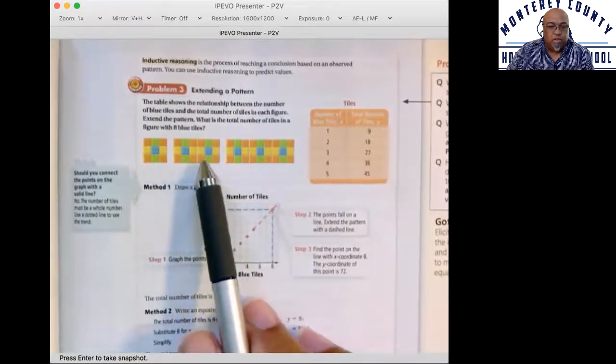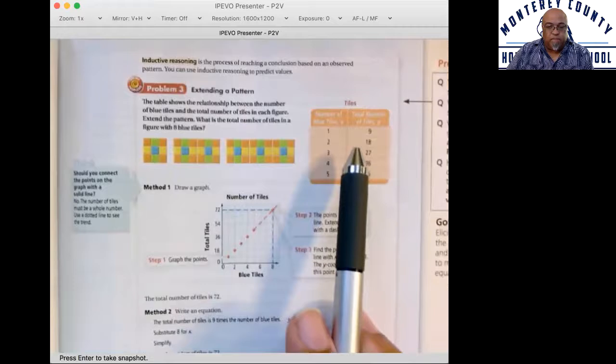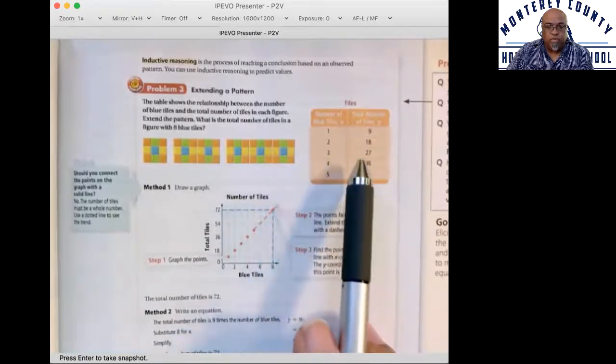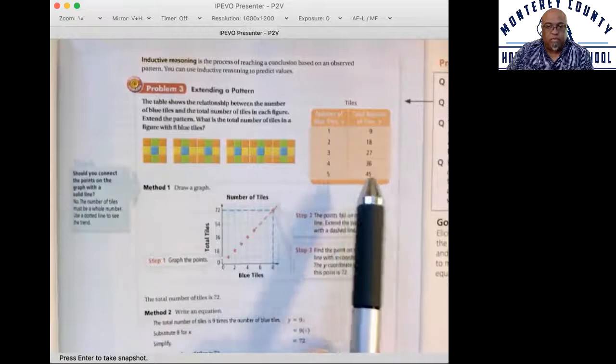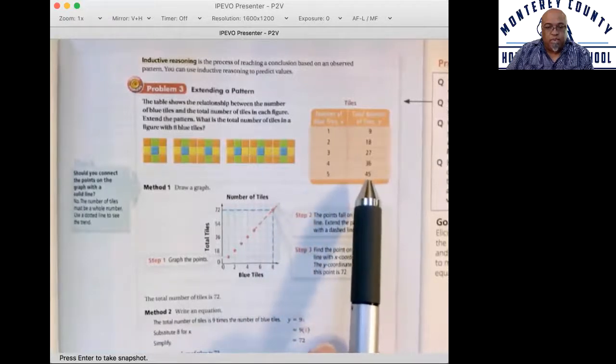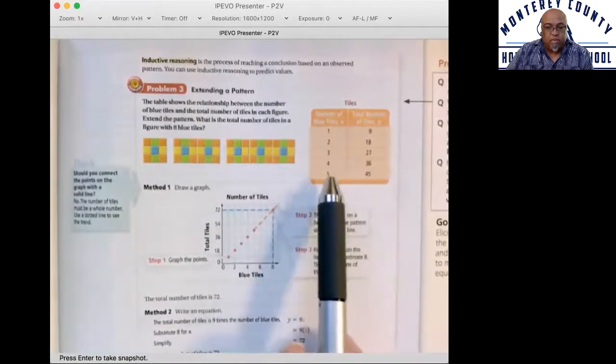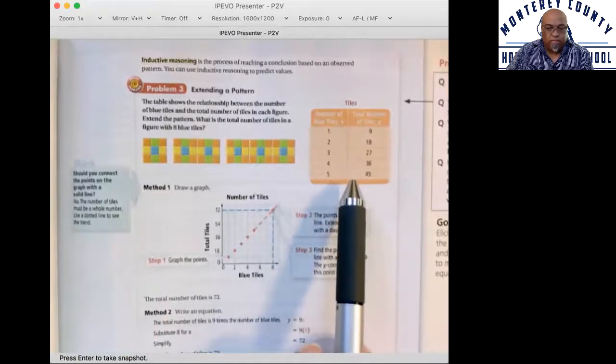When I have two of these together, then I have 2 blue tiles and 18. 3 would be 27, 4 would be 36, 5 would be 45. Now each time I'm multiplying whatever number is in the X value times 9, because there's 9 tiles in all.